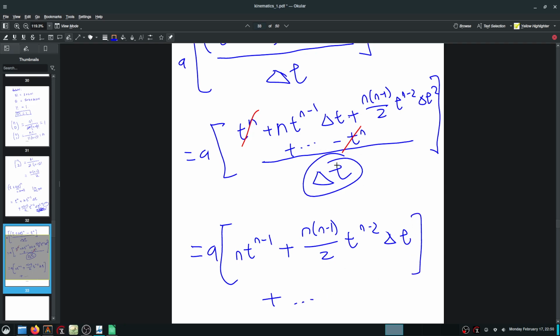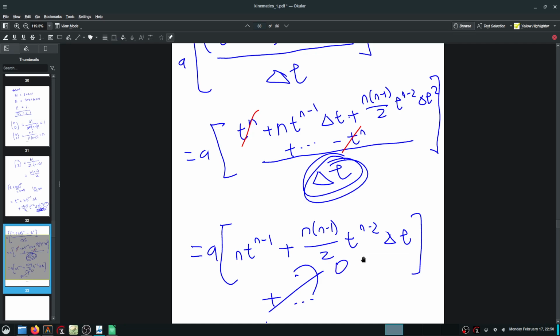Basically, as you keep increasing your binomial expansion, the powers of delta t get higher, and the more times you multiply this small delta t, the smaller the terms get. So that's why things like this you can cancel to 0.